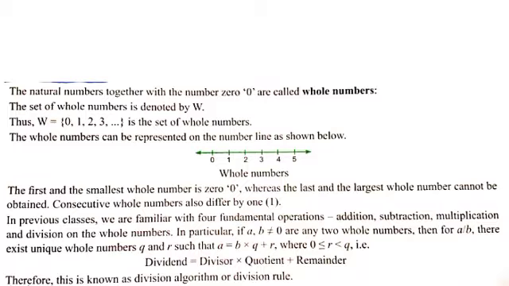That is, dividend is equal to divisor times quotient plus remainder. It might be confusing at first, but you will get to know when you do some examples. Therefore, this is known as the division algorithm or division rule.